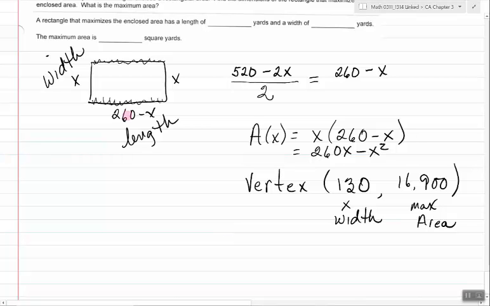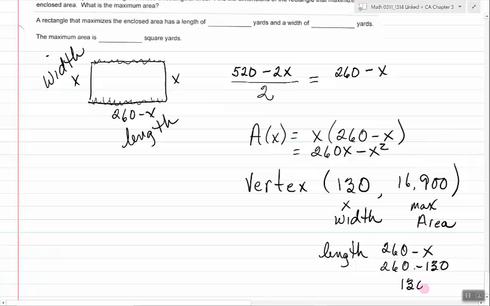How do I find the length? The length is 260 minus x. It is 260 minus 130, which is 130. It turns out that when you're making a rectangle, all four sides, and you want it to have the maximum area, it's always going to be a square. So the length is 130, the width is 130, the maximum area is 16,900.